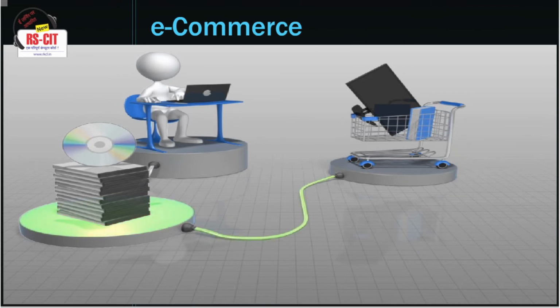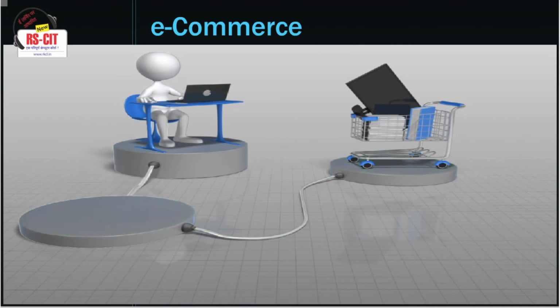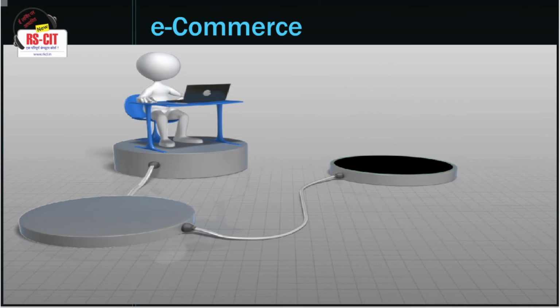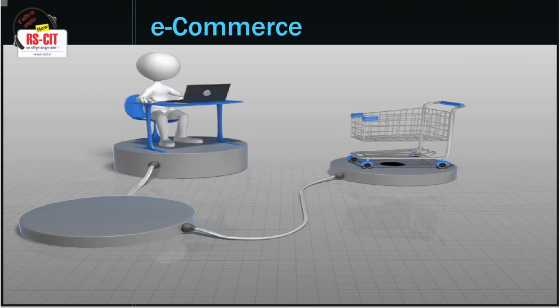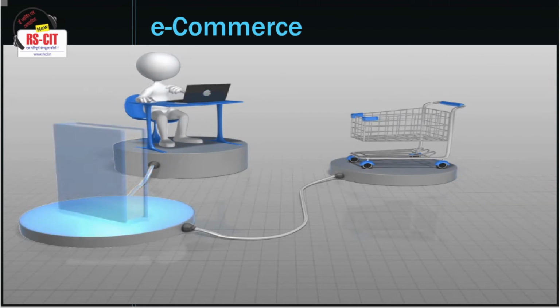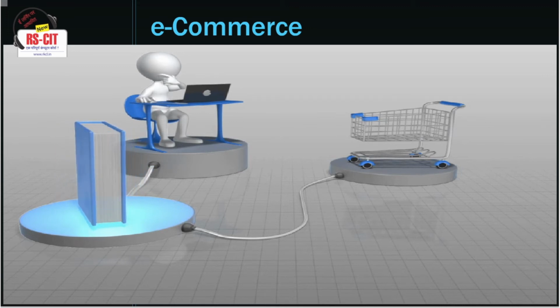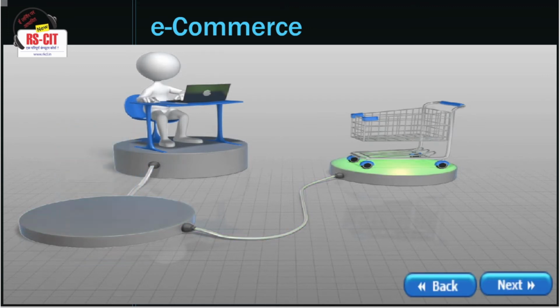A checkout process follows, in which payment and delivery information is collected if necessary. Some stores allow consumers to sign up for a permanent online account so that some or all of this information only needs to be entered once. The consumer often receives an email confirmation once the transaction is complete.